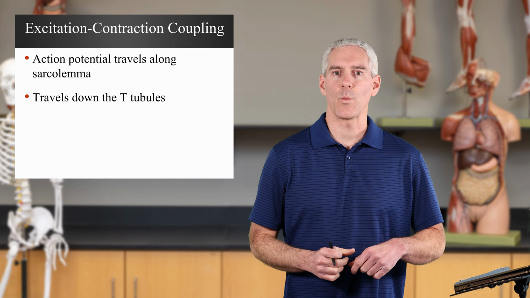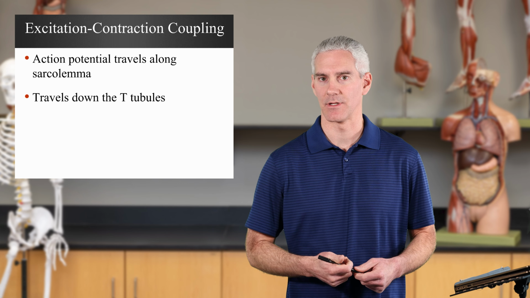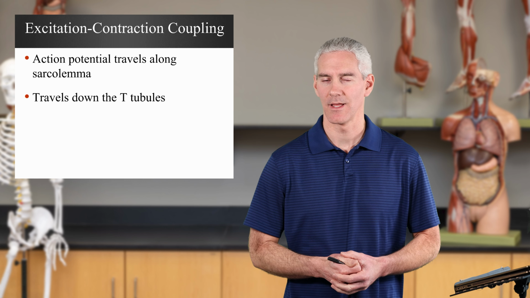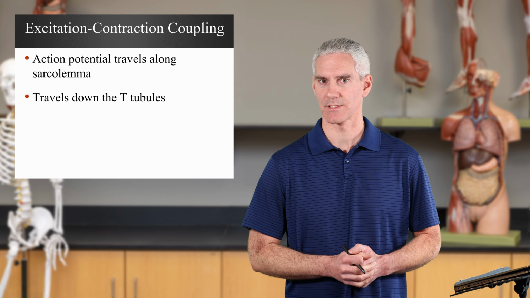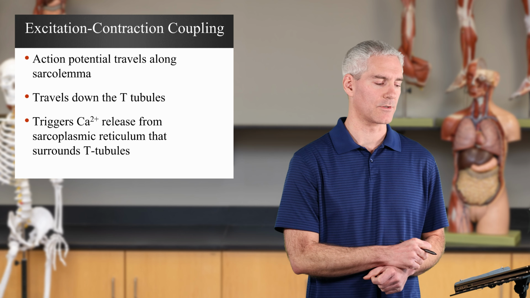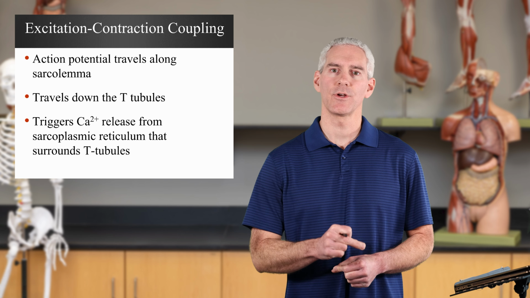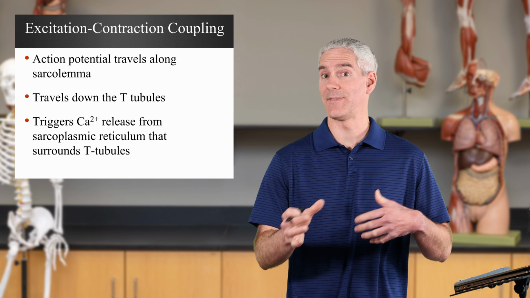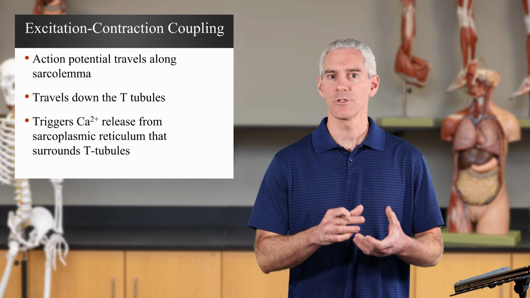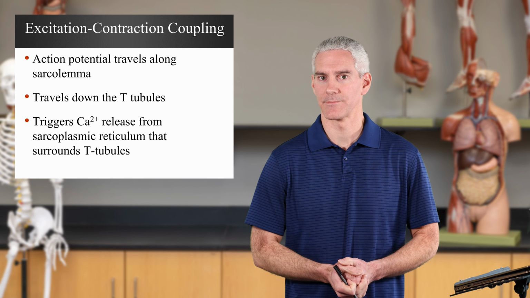To do that, we need to have the depolarization, or the action potential, travel down the T-tubules, or the transverse tubules. Once that occurs, that will trigger the voltage-regulated calcium channels, which are found along the T-tubule, to be excited or depolarized.